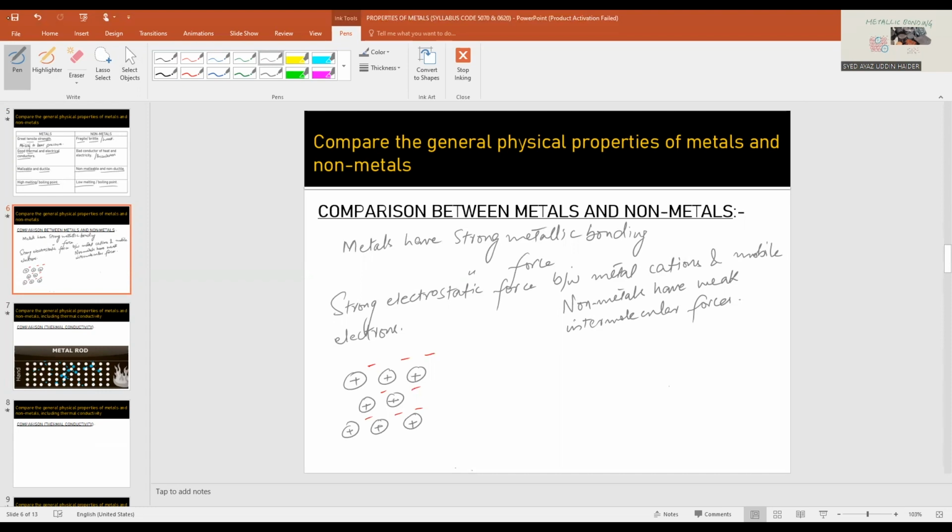Like if you talk about solid iodine, this is an iodine molecule, these are the iodine molecules, and these are the forces. I've shown the force with the dotted line. This is intermolecular force, so less energy is required to break down that force.